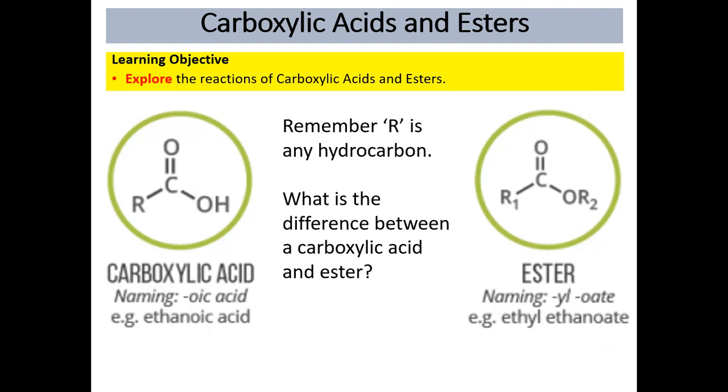So this is what makes something a carboxylic acid. So you've got that last C has got a double bond O and then an OH as well. So you've got this COOH, and that is your carboxylic acid.